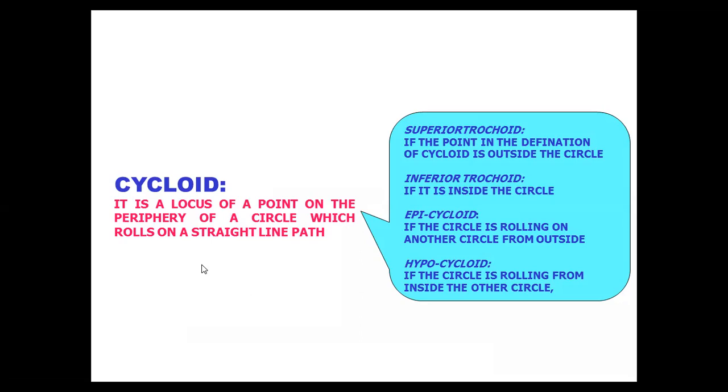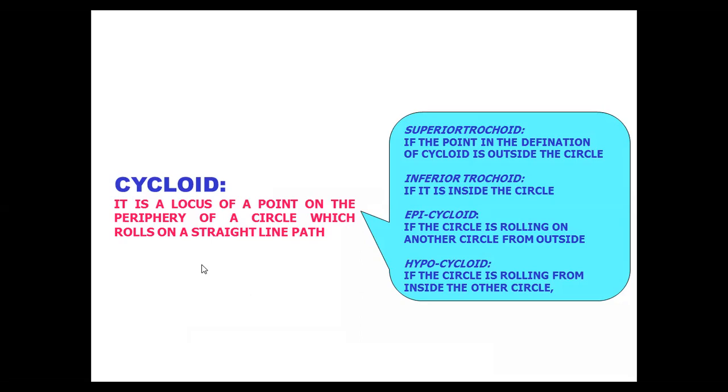If you mark some point on the extreme periphery of your vehicle's tire with some paint or sticker, and you drive your vehicle for a few meters, then the path traced by that marked point or sticker is the cycloidal curve. Fine, that is a simple example of a cycloid.